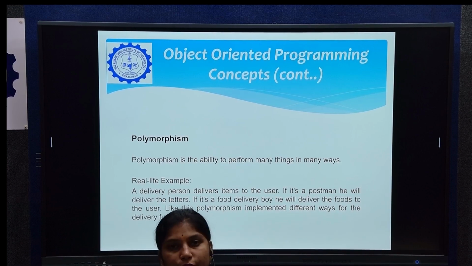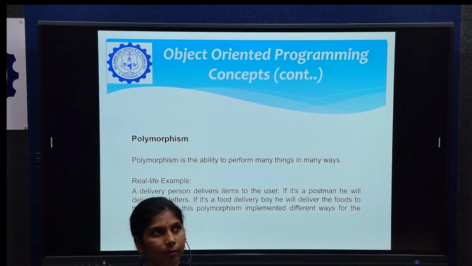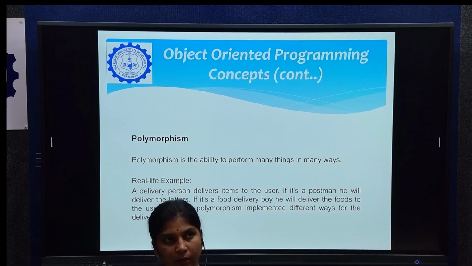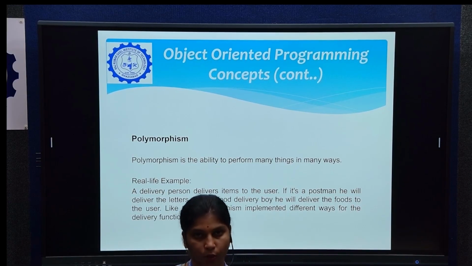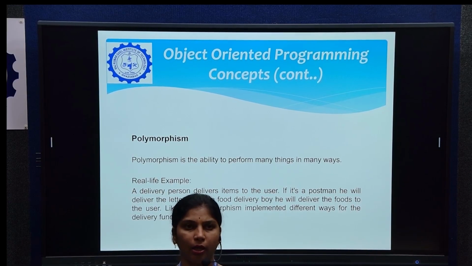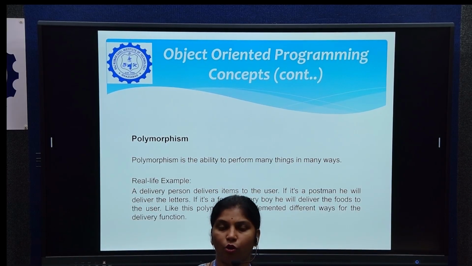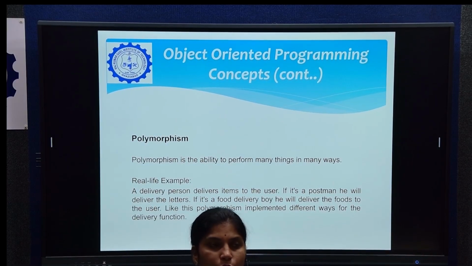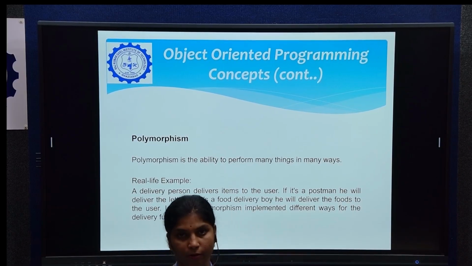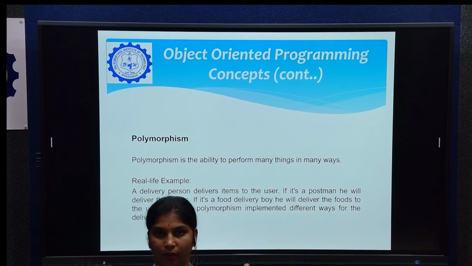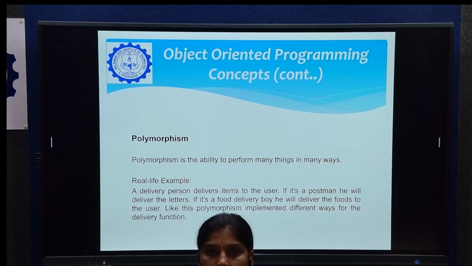Suppose a delivery boy is at our doorstep. That delivery boy can be a postman, a food delivery boy, or any person who is bringing online shopping material that we ordered. So there is one person, a delivery boy, but he can perform three functions: food delivery, postman, or online shopping delivery.